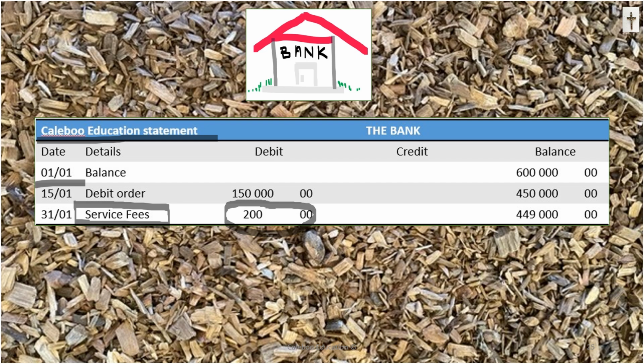But the transaction says we still need to record the service fees, which falls under bank charges of 200. And we're notified of this by the bank at the end of the month when we receive our bank statement.